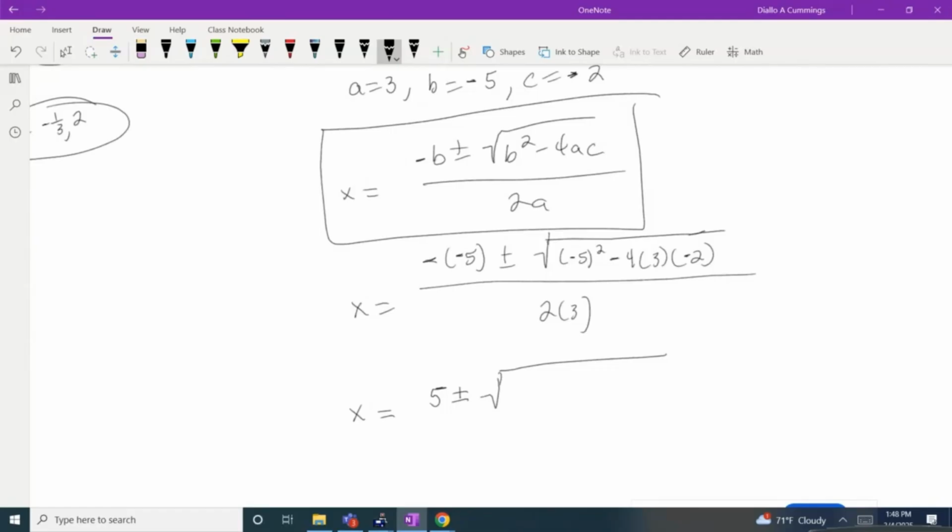So the first thing I want to do is whatever's in the innermost parentheses. Well, if I look within this square root, I don't have an innermost parentheses. This set of parentheses is telling me that negative 5 is the base, 2 is the exponent. These sets of parentheses are telling us to multiply. So there is no innermost parentheses.